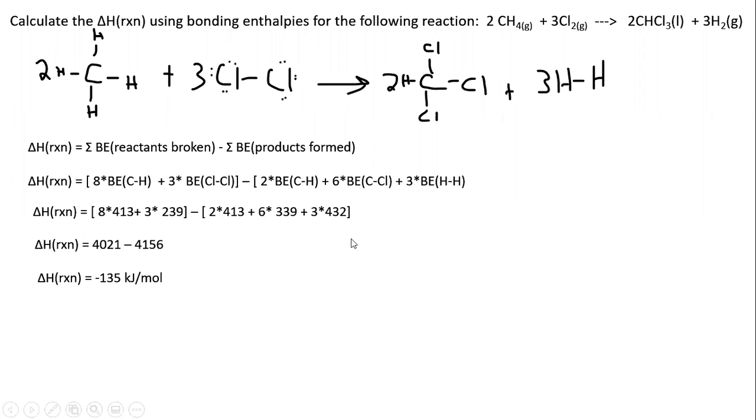And so here, the difference is negative 135. So that's the delta H of this reaction. It's an exothermic reaction. So whenever you have an exothermic reaction, this tells you that the bonds of the products are more stable than the bonds of the reactants.